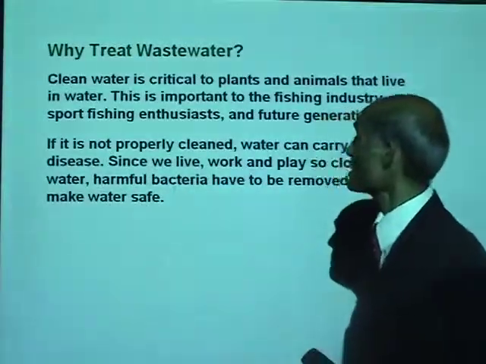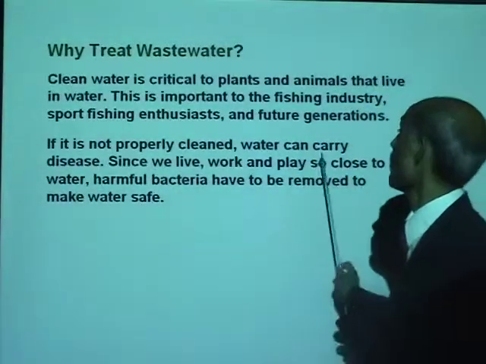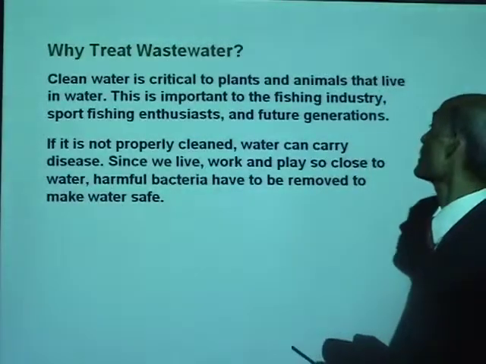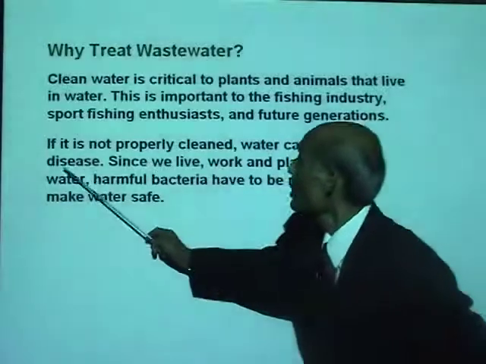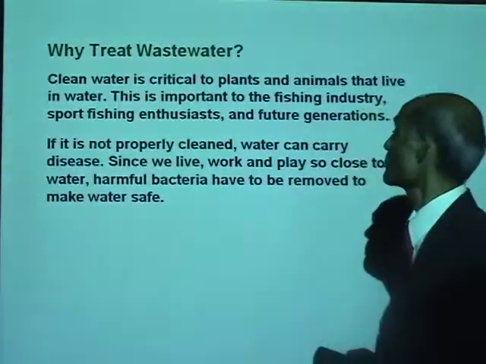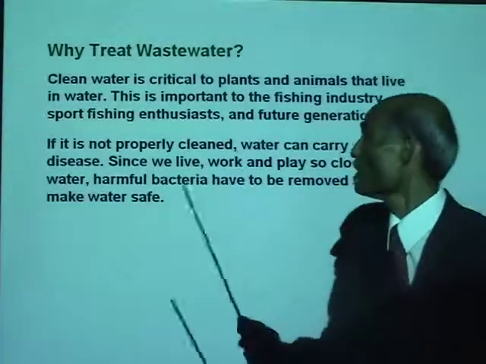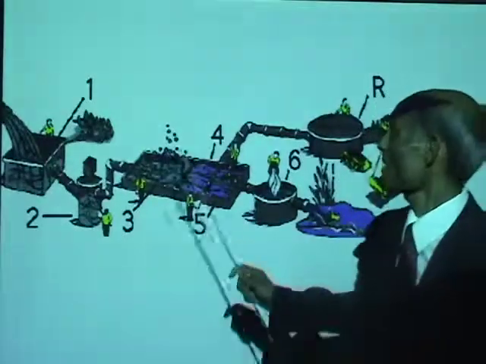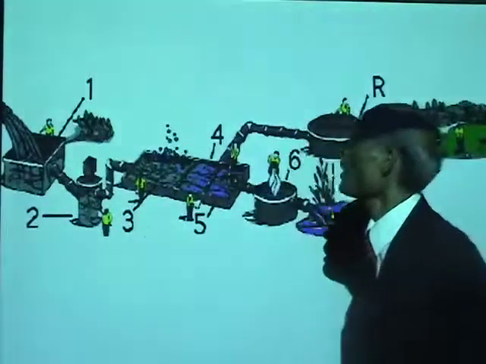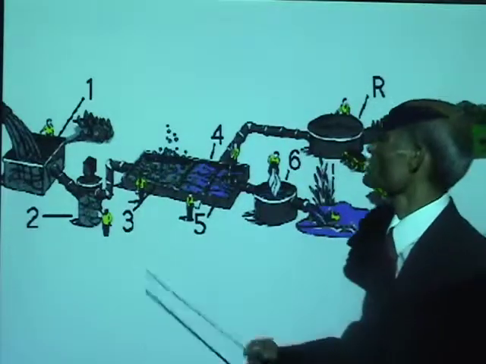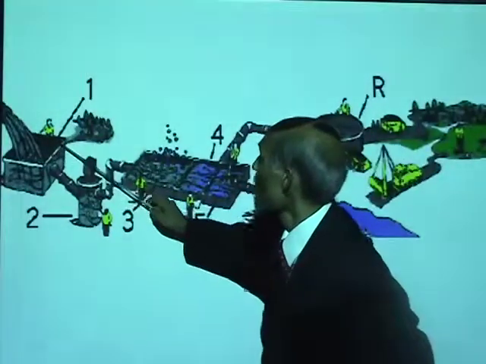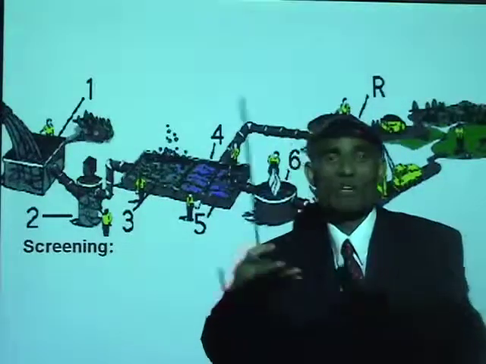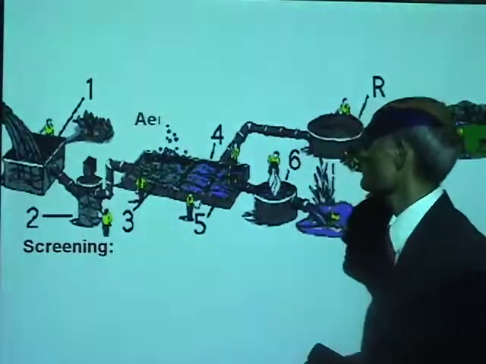If it is not properly cleaned, water can carry disease, and since we live, work and play so close to water, harmful bacteria have to be removed to make water safe. Now here I have shown some steps of used water treatment. Here is the used water coming in, and the first thing is screening, removing big substances from it.